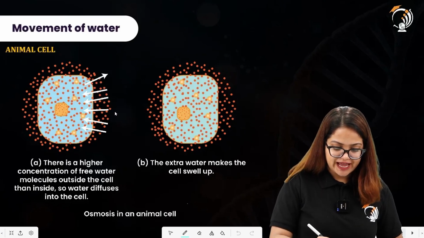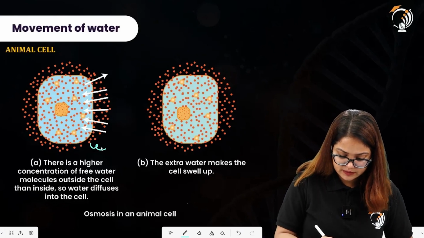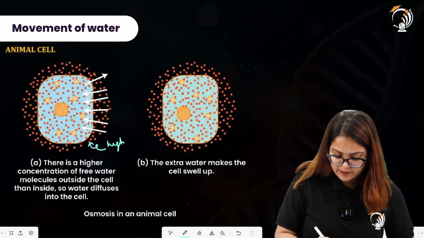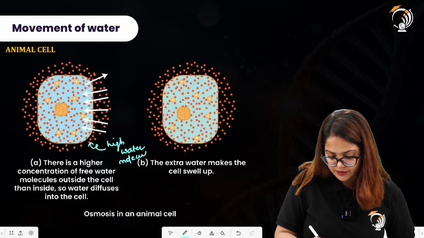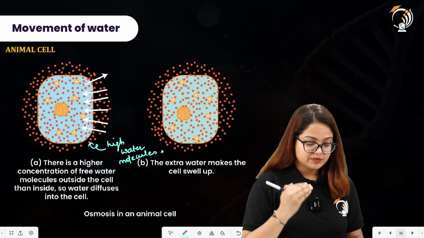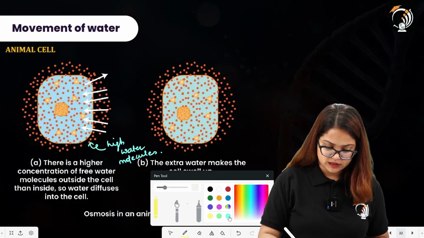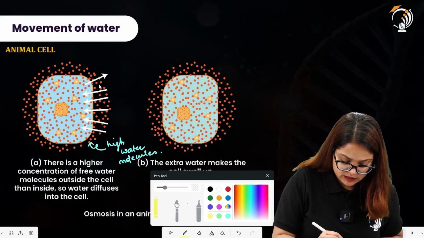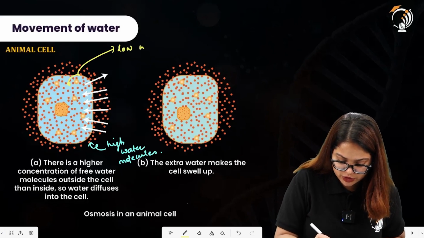So the outside has more water molecules. So the water diffuses into the cell because the cell has fewer water molecules.